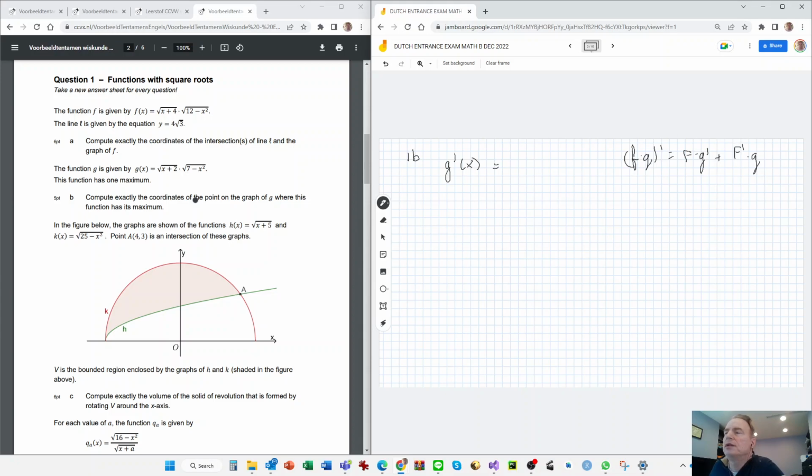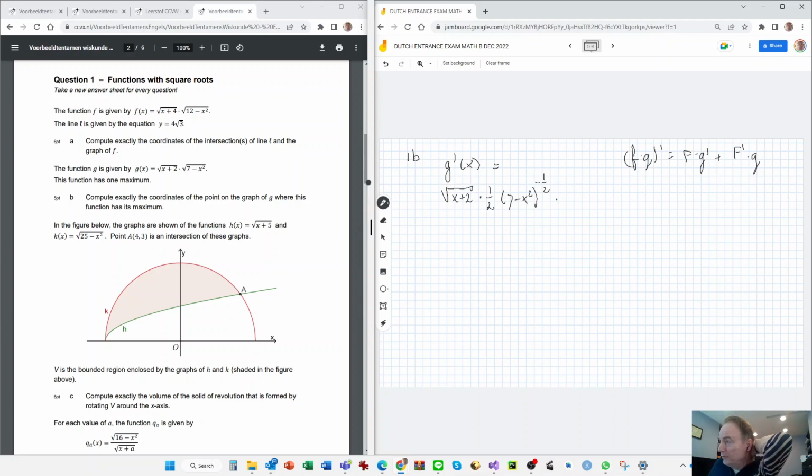So that is the square root of x plus 2 times, and then we need to use the chain rule, 1/2 times, we need to subtract 1 from the exponent, so 7 minus x squared to the power minus 1/2, and then times the derivative of what's under the square root sign here, which is minus 2x.